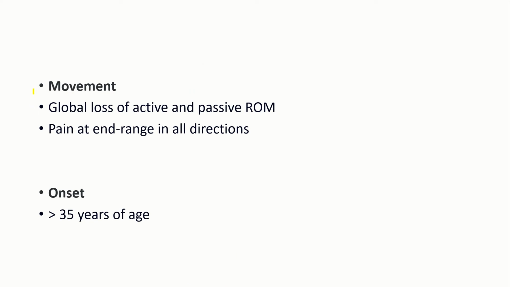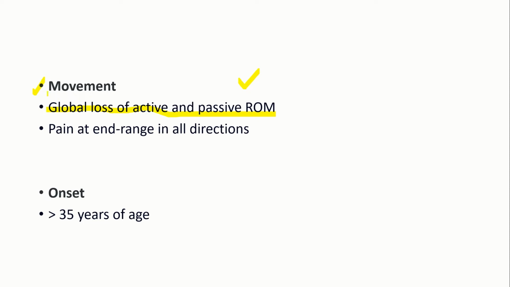Then in the assessment, we check for the movement. In movement, we check for the global loss of active and passive range of motion. I've already told you that adhesive capsulitis is a progressive loss of both the active and the passive range of motion.